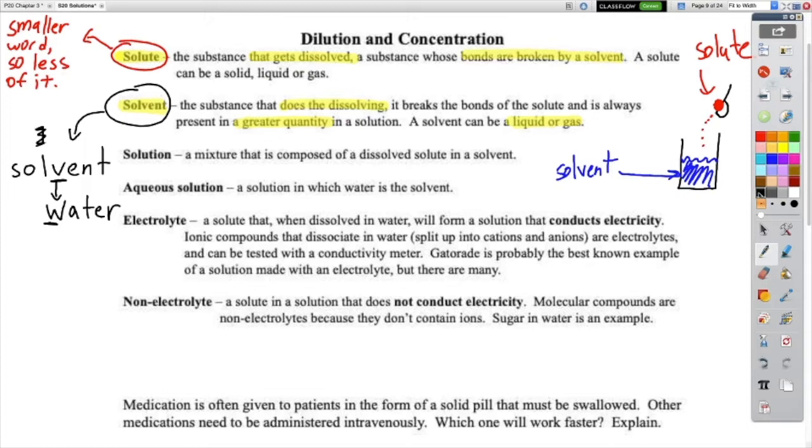Okay, so what do we get when we add a solute and a solvent? Well, a solution. Okay, so a solution is a dissolved solute in a solvent, right? So once this solute goes into this solvent and it gets completely dissolved, if they are soluble, if they do dissolve, then what we'll have is a solution where all the particles are completely, you won't be able to see them.